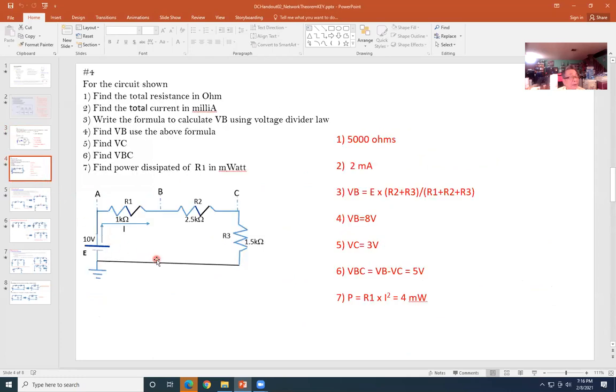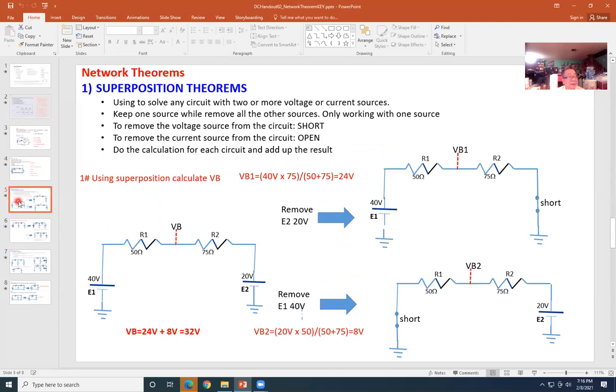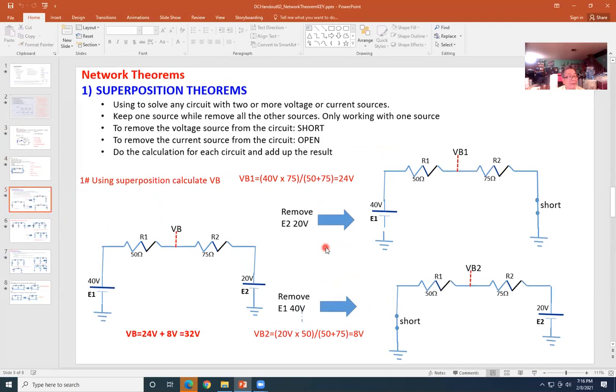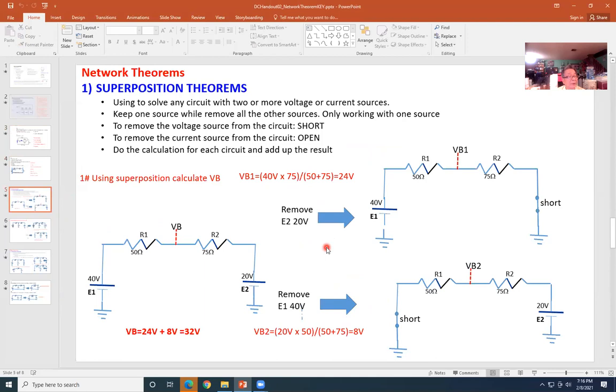And now for this circuit here, they want the total resistance. I already gave you the answer here. You can look at 1, 2, 3, 4, 5, 6, whatever here. You get that. That's the only thing. That one we already did for you.